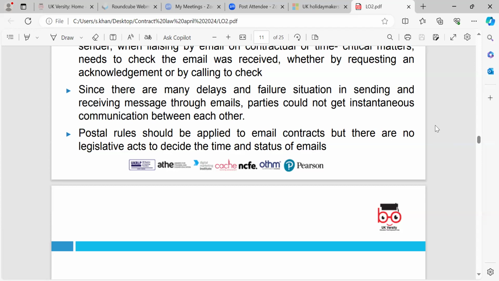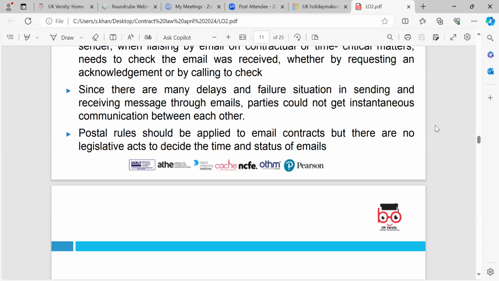Another case in regards to the postal rule is the case of Holwell Securities and Hughes, 1974. In this case, Dr. Hughes granted Holwell Securities an option to purchase his house for £45,000. The option was to be exercisable by notice in writing within 6 months. 5 days before the expiry, Holwell posted a letter exercising this option.